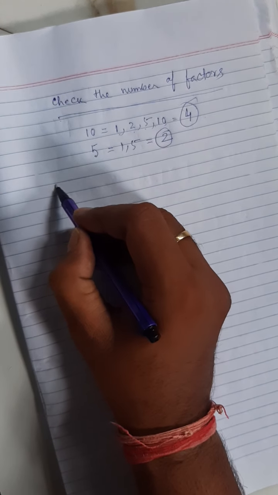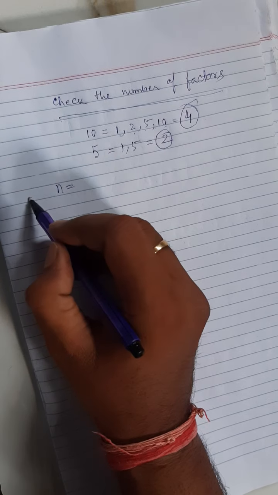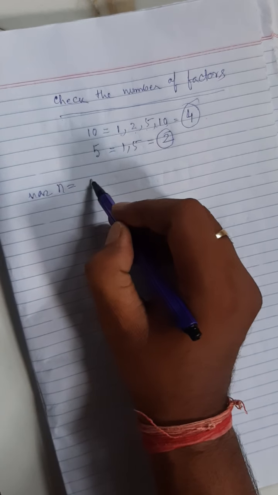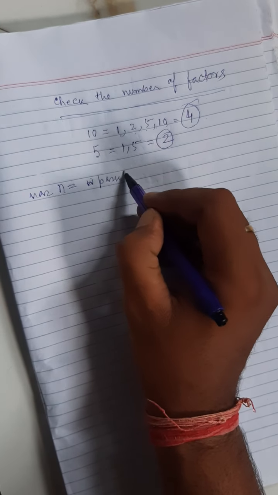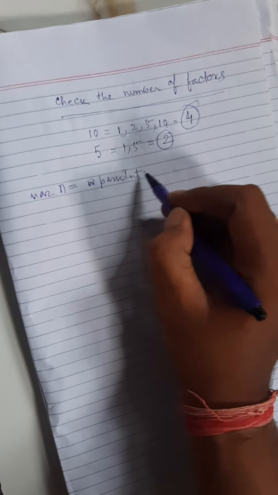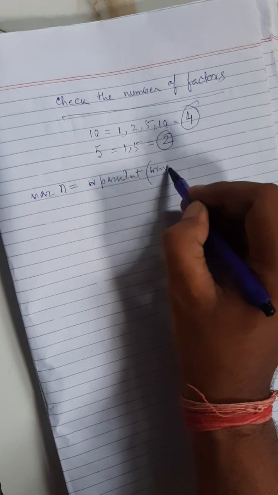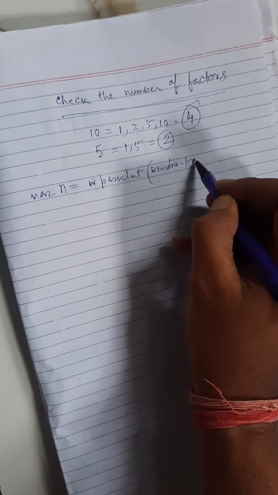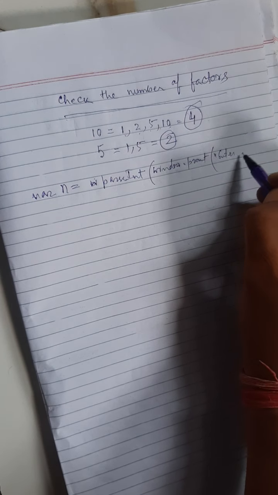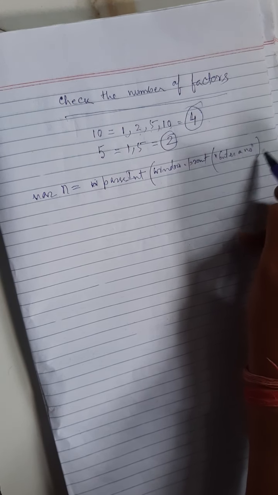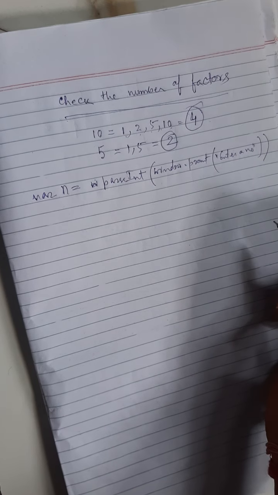First we will input the number. We'll take the variable n equals parseInt, and within brackets window.prompt, "Enter a number". We are entering the number.